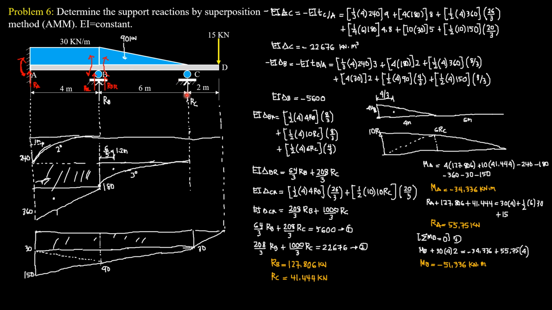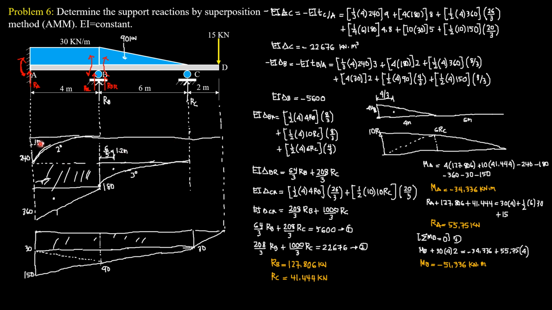So beginning with this area here, this distance is 1/4 of 4, so 1 meter. I hope that you already mastered the location of the centroid of an nth degree curve. And the distance of A to C is 10. Therefore, the moment arm is 10 minus 1, so 9.